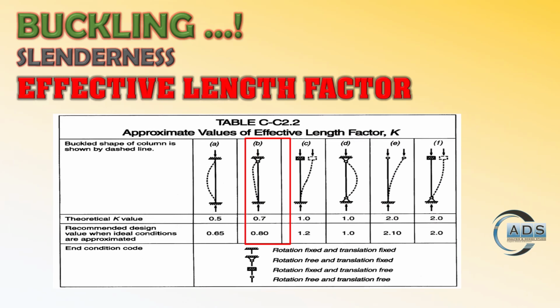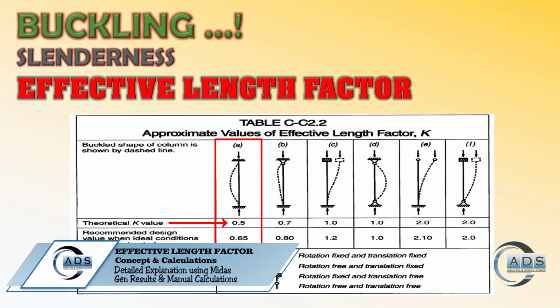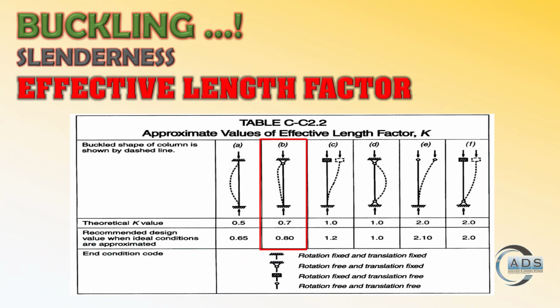In case A, the theoretical value of K can be used as 0.5, and for practical design it can be used as 0.65. For case B, the theoretical value of K can be used as 0.7, but for the practical design approach we can use 0.8. For case C, K can be used as 1 for theoretical purposes, but for the practical one it's used as 1.2.